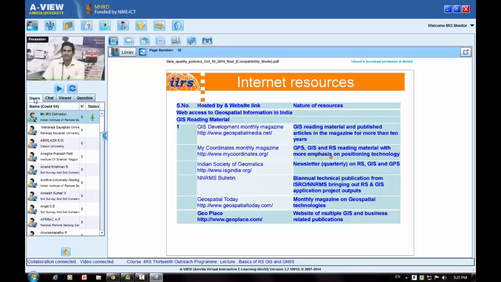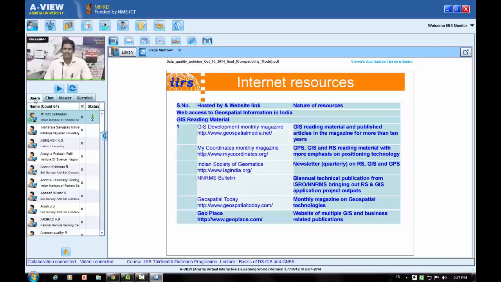And then there is My Coordinates, focusing particularly on GPS and GNSS systems and the latest developments. The Indian Society of Geomatics also brings out newsletters on remote sensing. And Geospatial Today is also a monthly magazine on geospatial technologies. GeoPlace has a lot of newsletter articles. So these are a lot of information available on the internet.